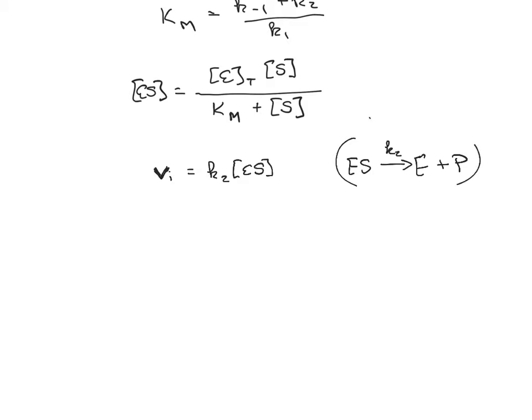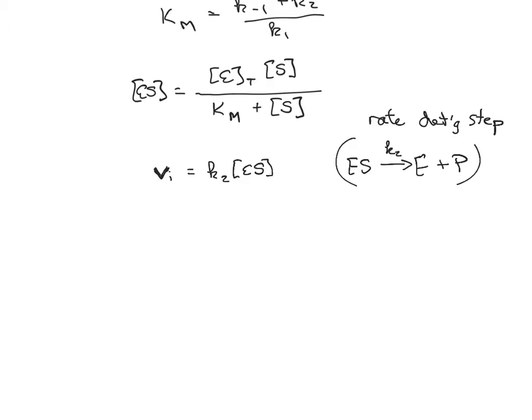So if this right here is our rate determining step, that means that K2 times the concentration of ES is the only thing that really matters for the rate of the reaction. It determines the rate. So that rate swamps the rapid equilibrium state.